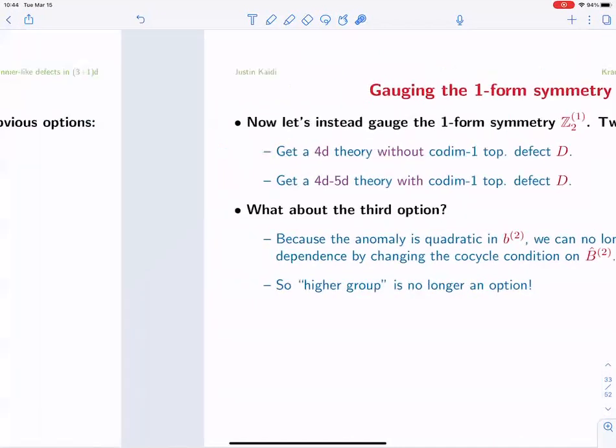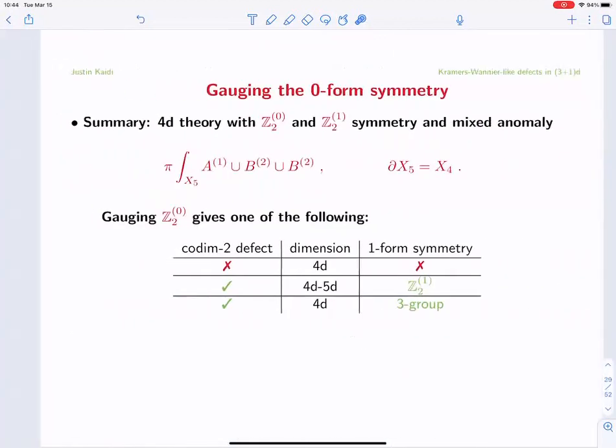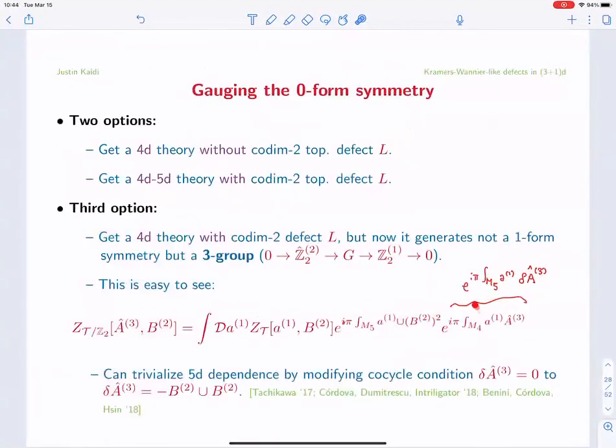It's actually fairly simple to see why you can't do this just at this level here. So let's return to this. In the current case, I'm now gauging the one form symmetry, and so I'll get a dual one form symmetry. So I'll have a term like this. This thing is linear in B, but this anomaly, which will now look like capital A and then little b squared, is quadratic in little b.